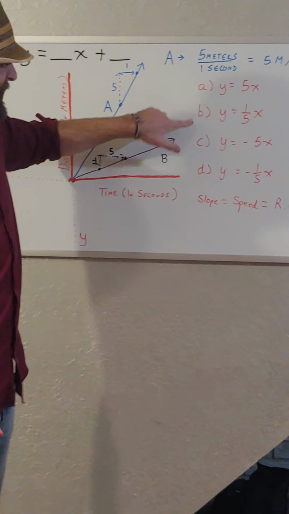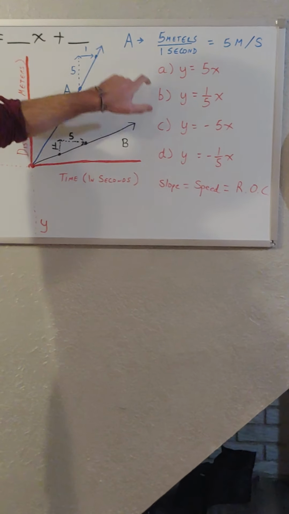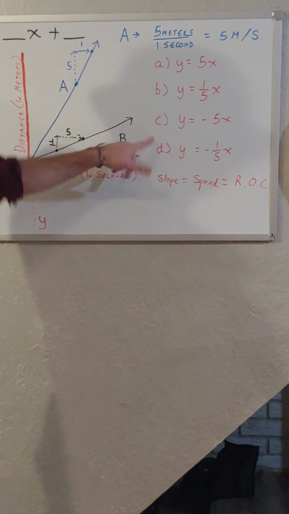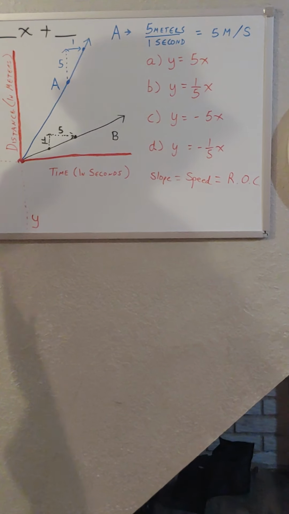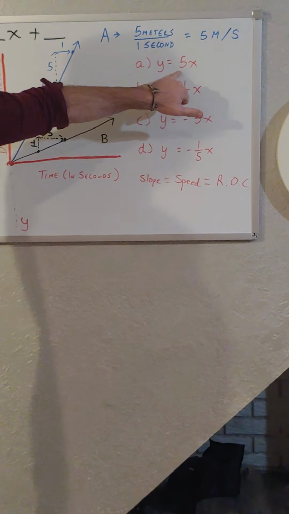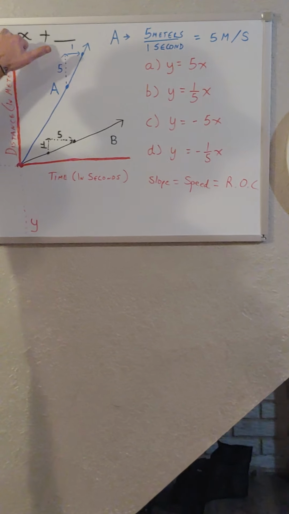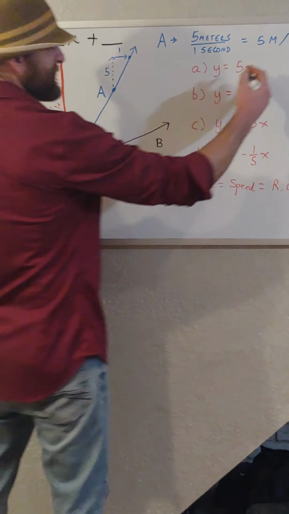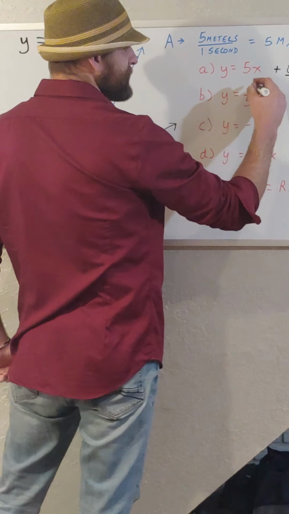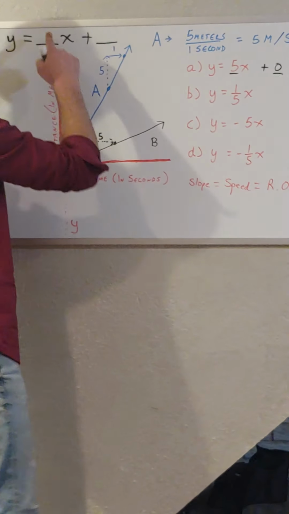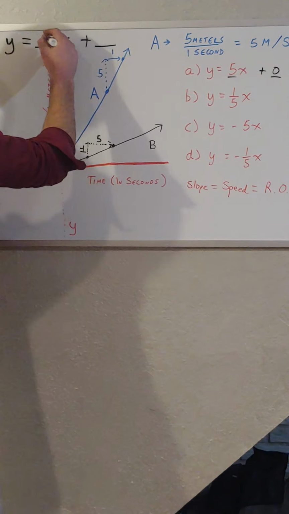So now I'm looking at my answer choices here, and I realize something. I can see that this is almost in this form. In fact, if I add a 0 to that, this here will be in that form.